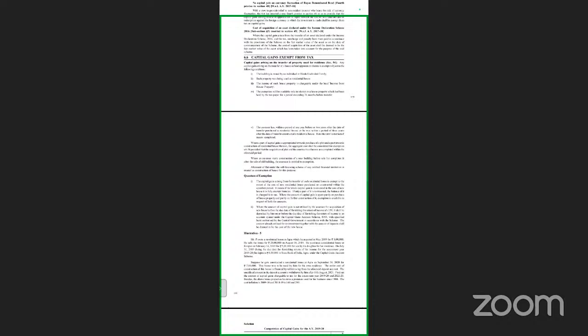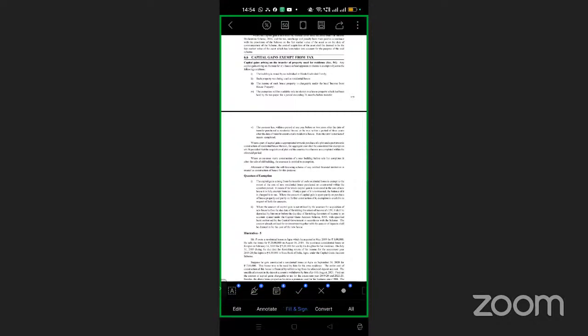And whatever profit we receive, if you are reinvesting it in the purchase of the same asset or some other assets, you will get an exemption. We call it exemptions under section 54. It means after selling that particular asset, whatever gain you receive, if you reinvest it, then you will get an exemption.